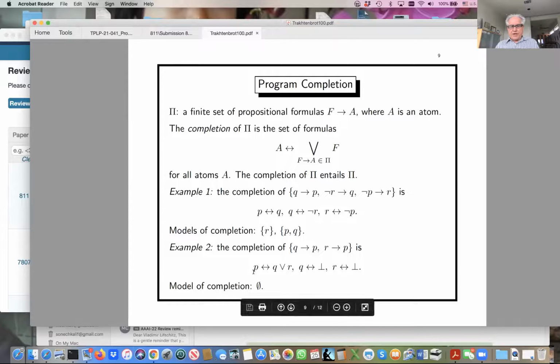So in the completed definition for P, we have the disjunction of these two antecedents, Q and R. On the other hand, Q and R do not occur in the consequent of implications at all. So the disjunctions for Q and R become empty. So these are the completed definitions of Q and R. They are equivalent to the empty disjunction, falsity. And here again, the completion has only one model, which is the least model of this set of clauses.